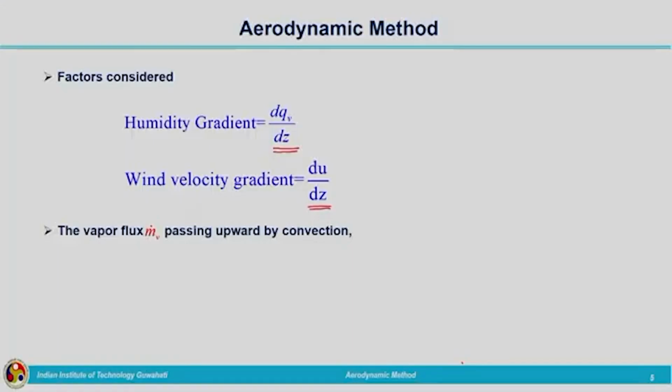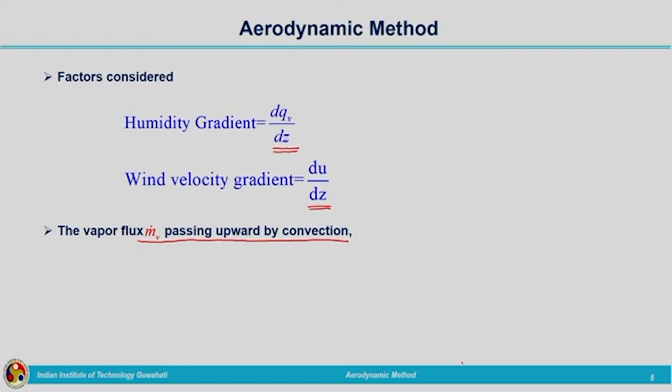Now, coming to the vapor flux, the notation is m dot v, that we have already used. So, the vapor flux m dot v passing upward by convection. What we are doing is, we have seen the control volume. Above the water surface, we will be considering a plane parallel to the water body. Through that plane, how much vapor transport is taking place due to the process termed as convection?